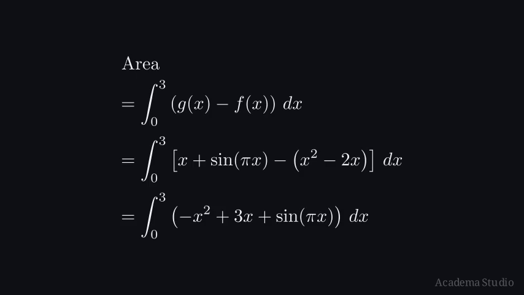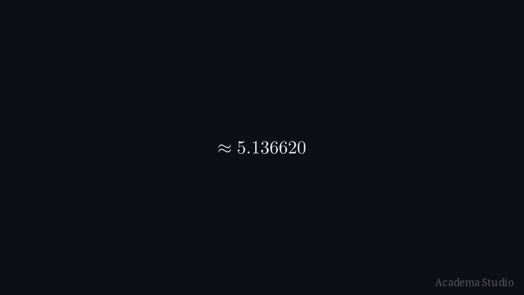This equals the integral from 0 to 3 of negative x squared plus 3x plus sin of pi x dx. Rounded to 3 decimal places, the area is 5.137.